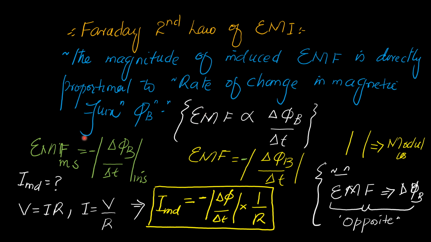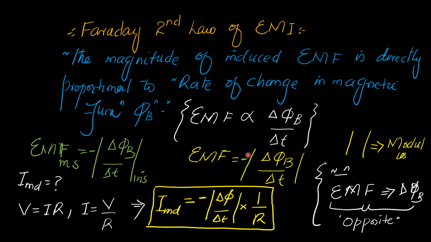So we can write Faraday's second law in equation form: induced EMF is equal to the rate of change of flux. However, a negative sign is used with the rate of change of flux. The reason for using a negative sign is that the direction of induced EMF is always opposite to the change of flux, which is determined by Lenz's law.